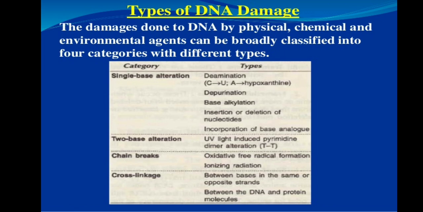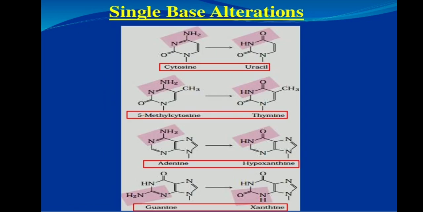Then chain breaks: sometimes oxidative free radicals are formed by ionizing radiation, and due to that the chain may break. Then cross linkage takes place between bases in the same or opposite strands of DNA, or between the DNA and protein molecules. These are the different kinds of DNA damage.